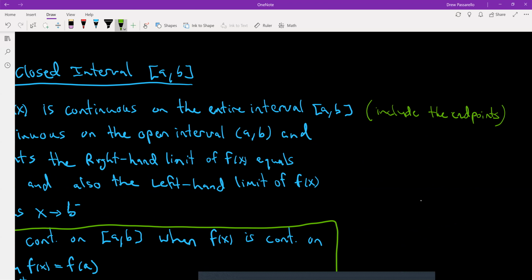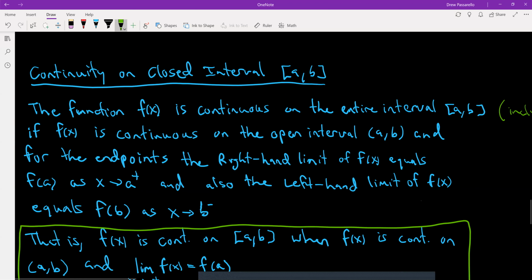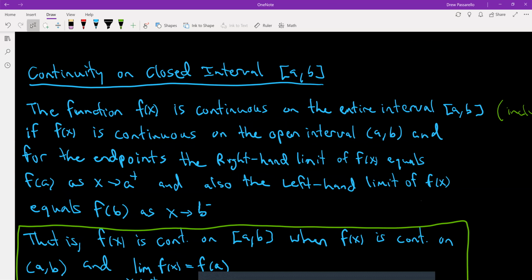Whereas I don't include the endpoints for an open interval. So for a function to be continuous on a closed interval, it needs to be first continuous on the open interval. And if it's continuous on the entire open interval, then it needs to be essentially continuous at the endpoints.